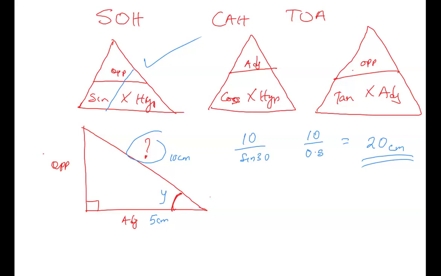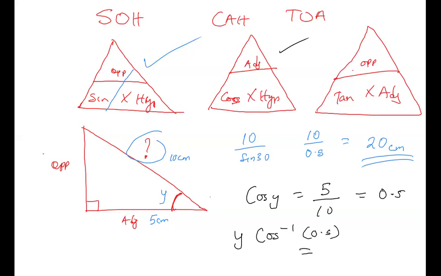It's cos. So cos y equals adjacent 5 over hypotenuse 10. 5 divided by 10 is 0.5. So you press inverse cos. y equals inverse cos of 0.5. That gives you 60.